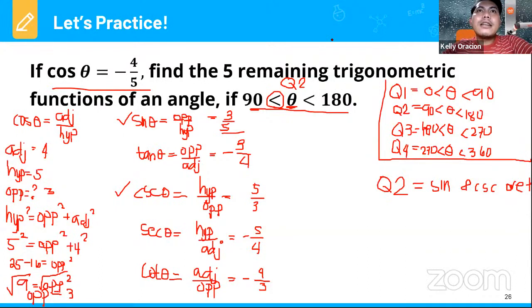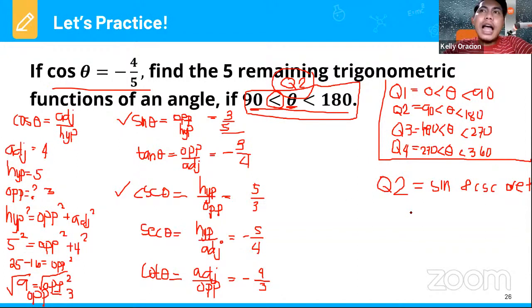Okay, so why are the others negative? Let me remind you again. This is our condition: the angle is located at quadrant 2.